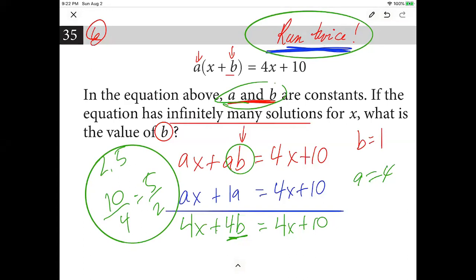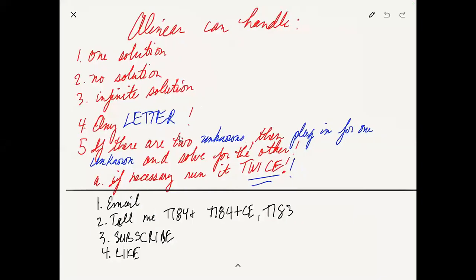Okay, now I'm done. I just wanted to recap. I've changed Alinear so that it will calculate, find the one solution. If there is an unknown, it can find the unknown for no solutions or the unknown for infinite solutions. I think that's valuable for a lot of students. It can handle any letter, any constant, A, B, C, D, E, F, G. You just have to use your alpha key.